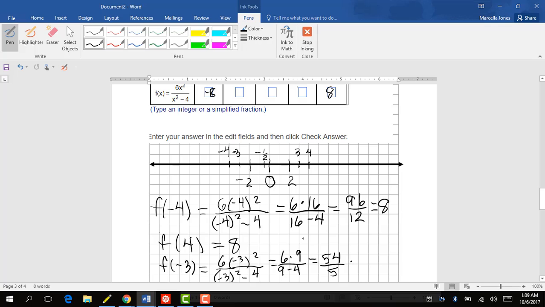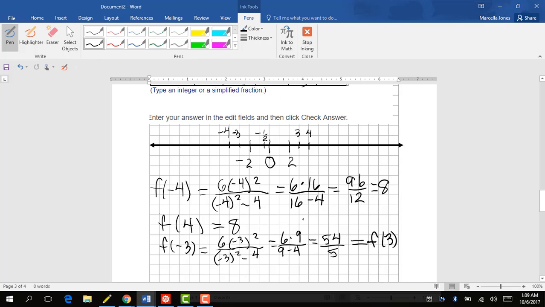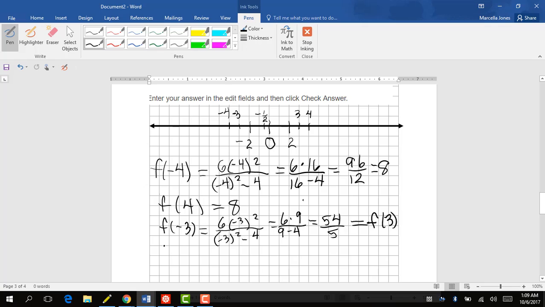And because of symmetry, that's also going to be what I get when x is 3. So I can go into my math lab and I can plug these values in for 3 and -3, 54 over 5. And then I simply need to find f of -1/2.